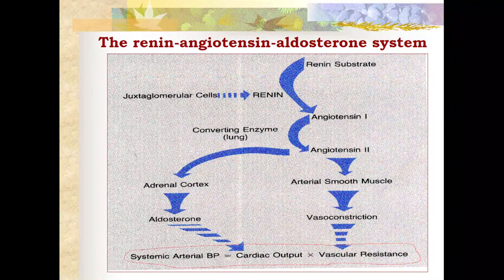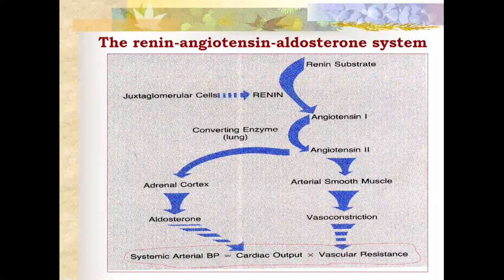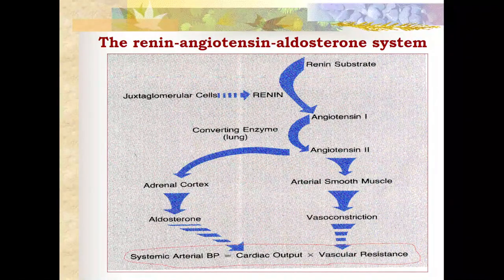And the main vasoconstrictor, angiotensin II, can lead to arterial smooth muscle activation and vasoconstriction. And systemic arterial pressure depends on two main factors: stroke volume and cardiac output, and vascular resistance.